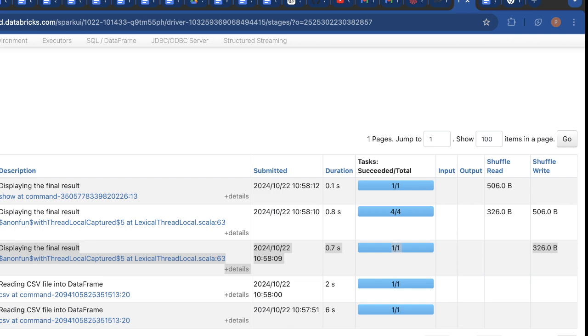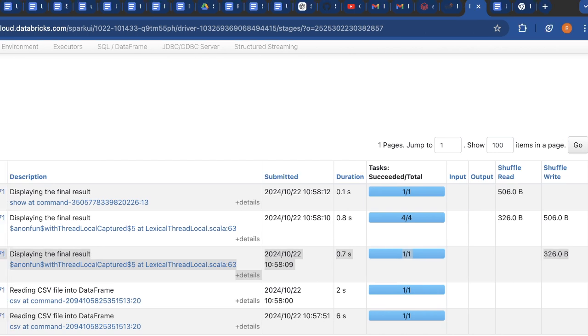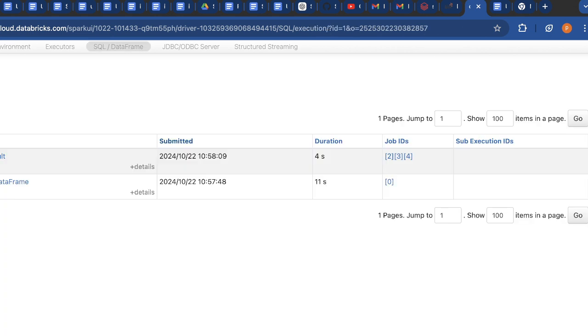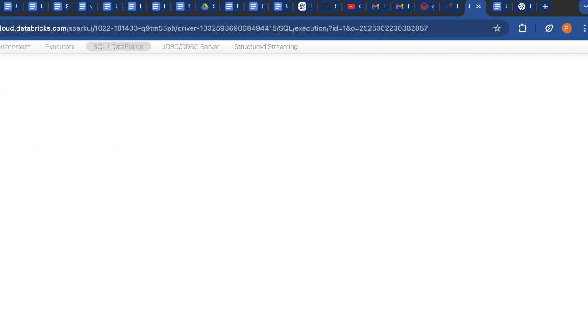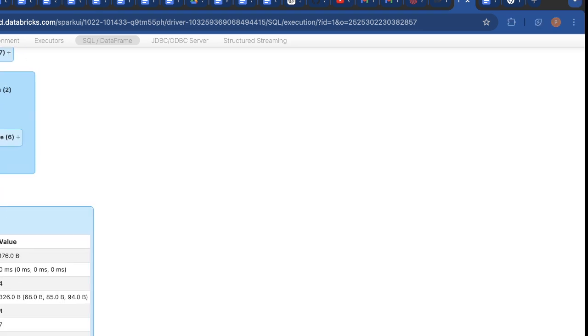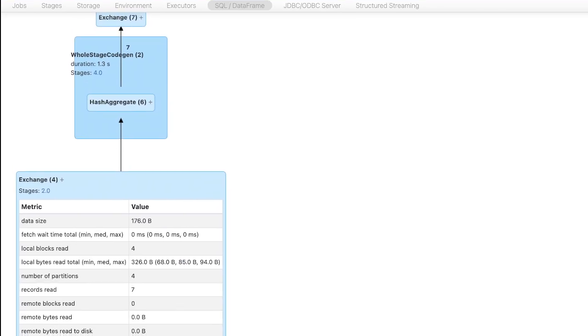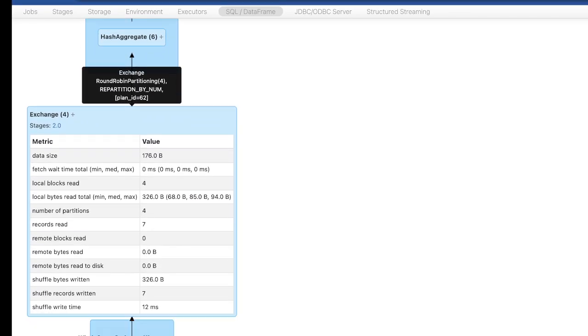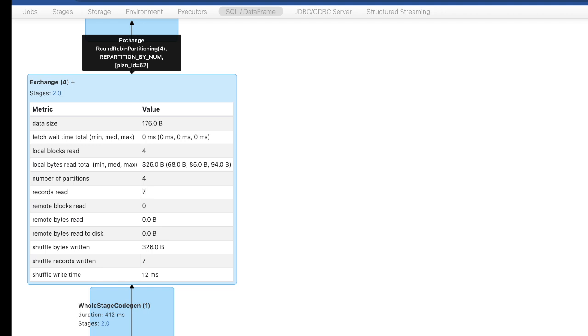Earlier we were seeing 100 partitions and 75 partitions. Let's see the final output. In the second stage, the number of partitions was 4 and 326 bytes were created.